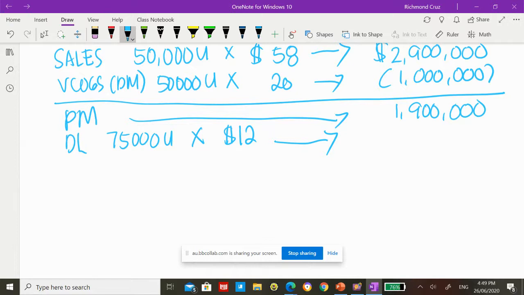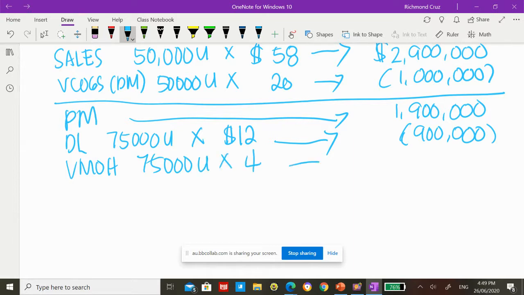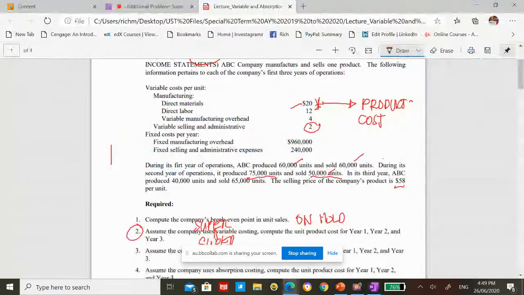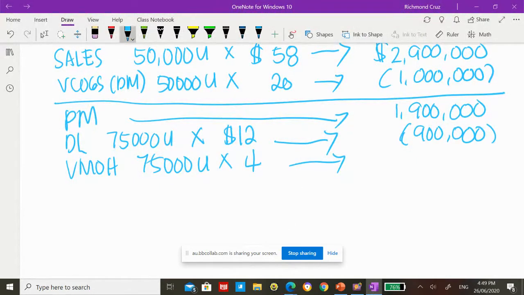So 75,000 units times 12, that is 900,000. So minus 900,000. Then we have the variable manufacturing overhead, and this is 75,000 units multiplied by 4, and that is 300,000.